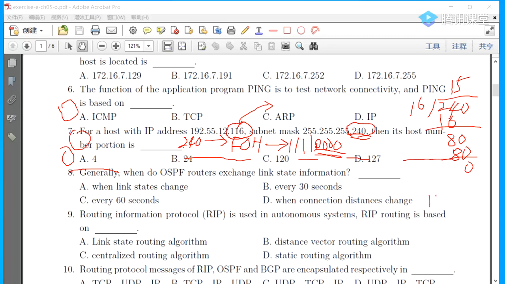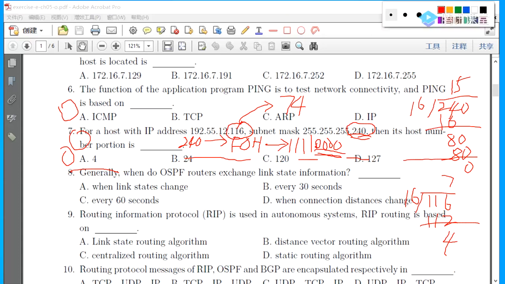So 116 divided by 16, right? So 116 is 74 in hexadecimal notation, right?